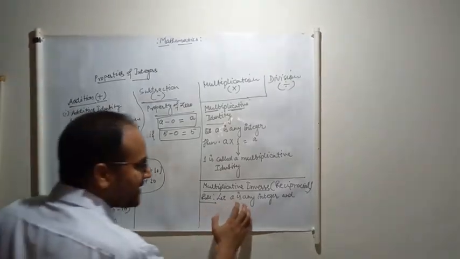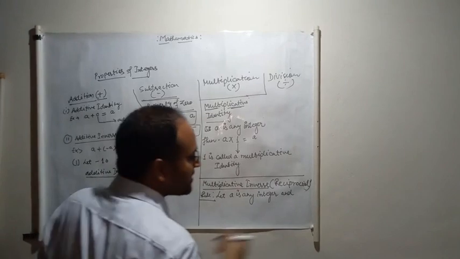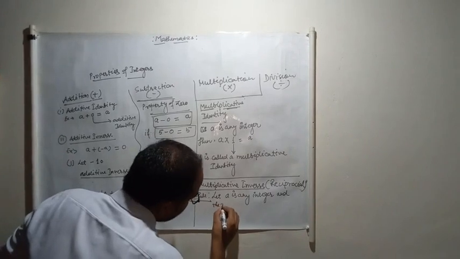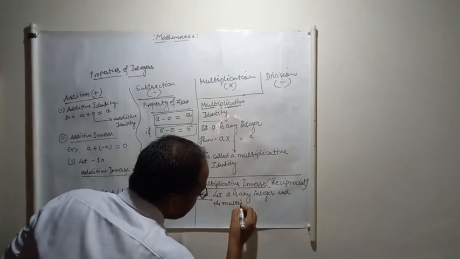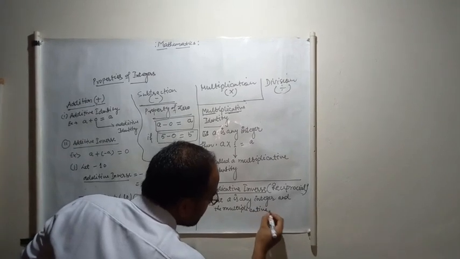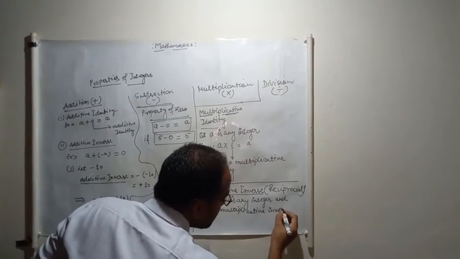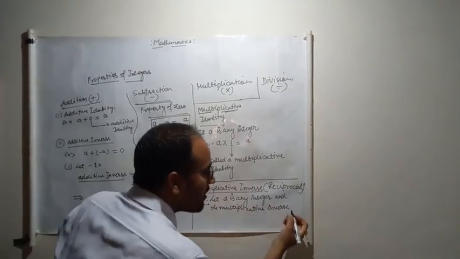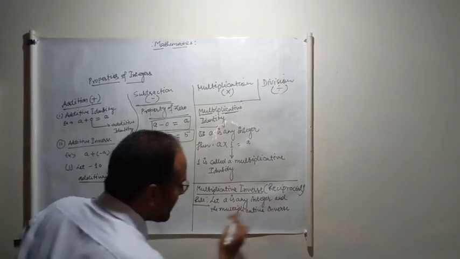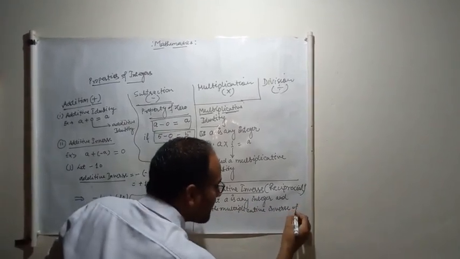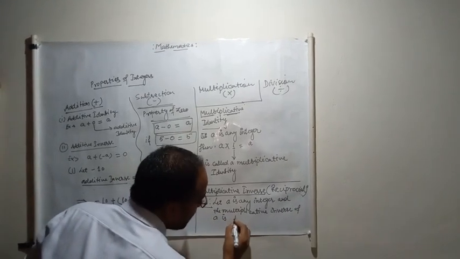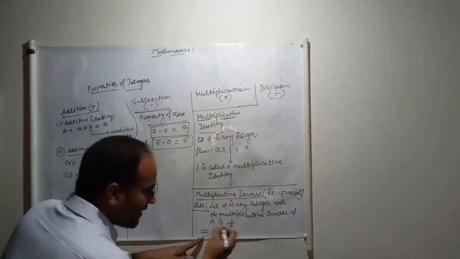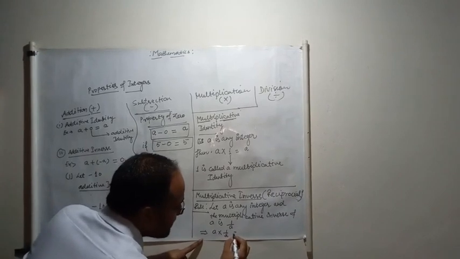So let A be any integer and its multiplicative inverse is just the reverse of this one. A, its reverse is 1 upon A. Let A be any integer and the multiplicative inverse of A is 1 upon A. And if you multiply A and its inverse, you always get 1.